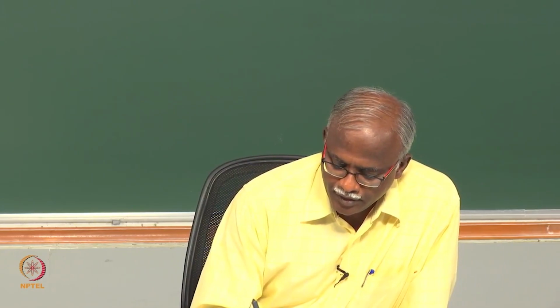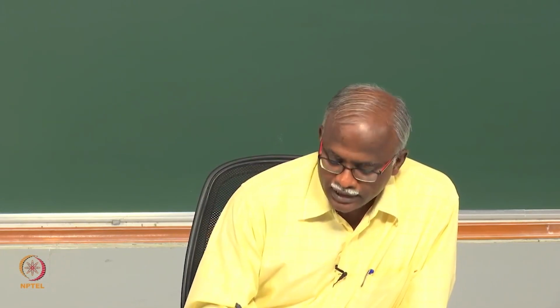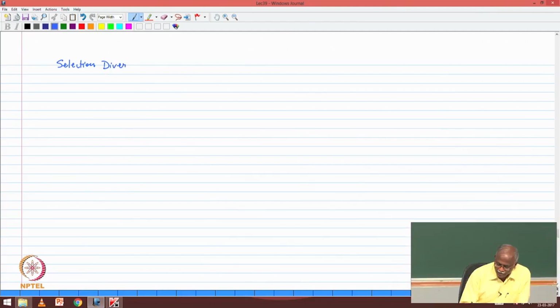Selection diversity was the simplest form that we had discussed. This was basically choosing the best of the antennas that are available to us, the max of gamma m. We showed that even selection diversity gave us a change of slope, and therefore our understanding is that diversity is going to change the statistics of the fading and help us achieve performance closer to that of an AWGN channel.